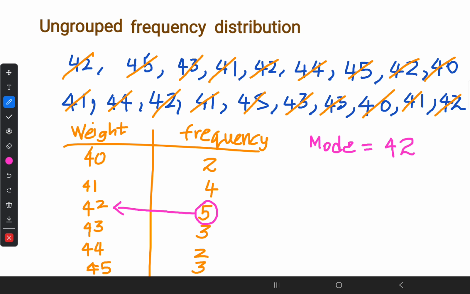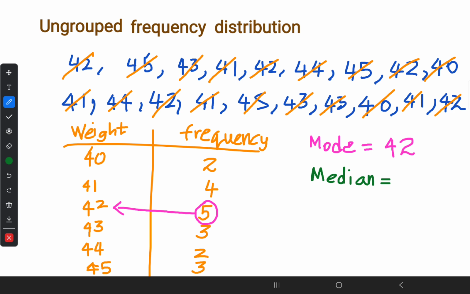The next thing is, now we have the idea how to find the mode, how to find the median for this ungrouped frequency distribution. To find the median, first of all you have to find the summation of the frequencies of this data distribution, the sum of frequencies.